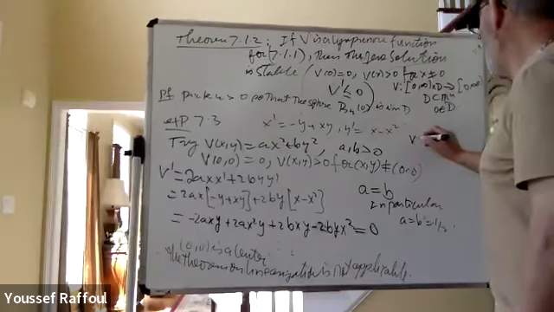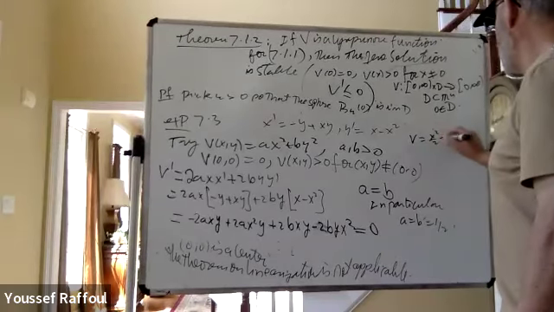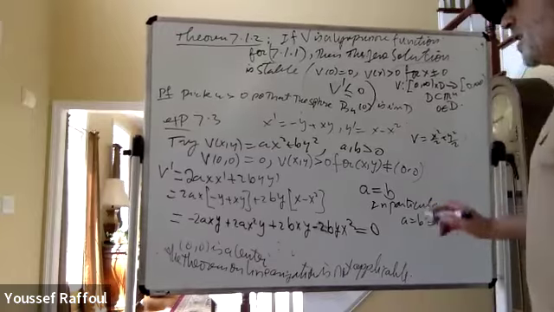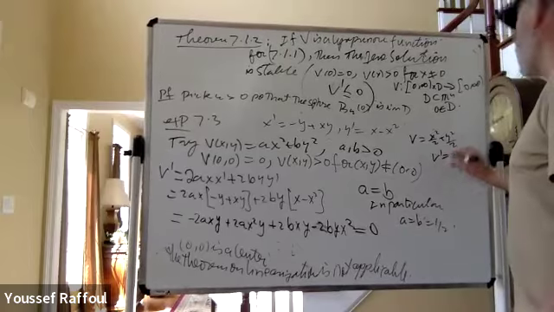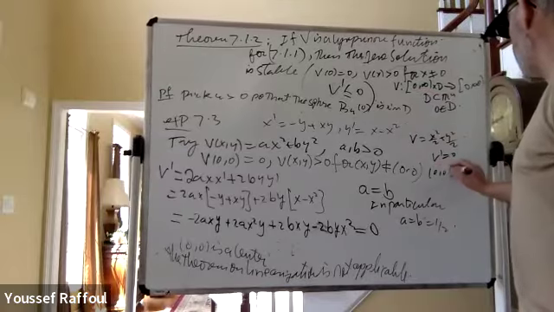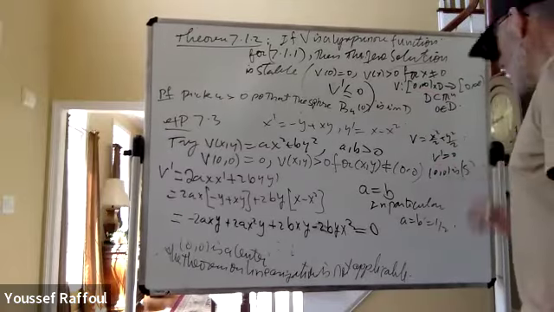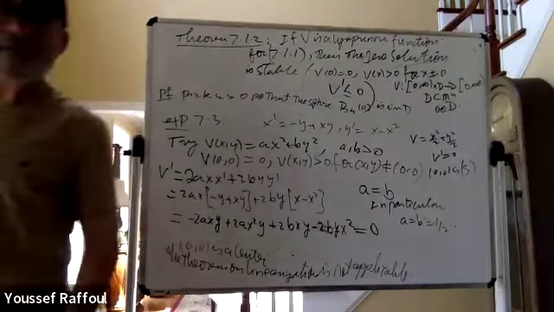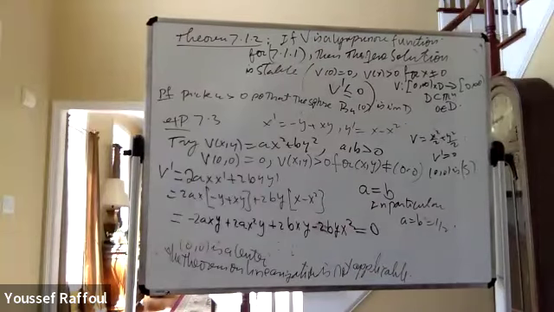So your V is x squared over 2 plus y squared over 2. So V prime equals 0, so 0, 0 is stable. You see? The derivative of V will always be 0. Okay?